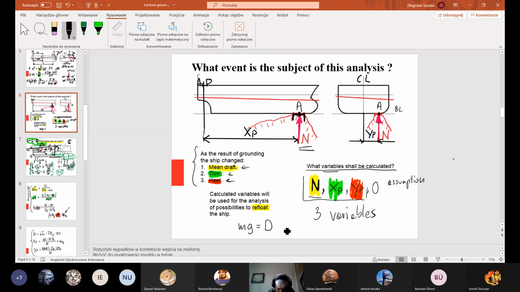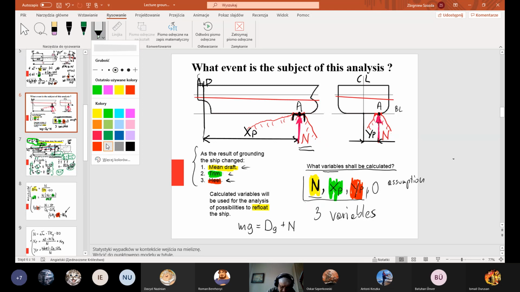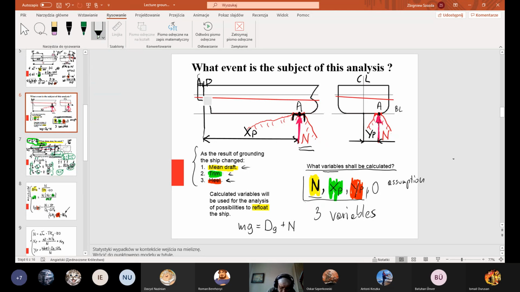I will put here letter G as grounded, displacement of the grounded vessel, plus an additional force, which is reaction between the hull and the ground. Maybe I will use gray color to show displacement of the grounded vessel. This is that one. Okay, displacement of the grounded vessel.